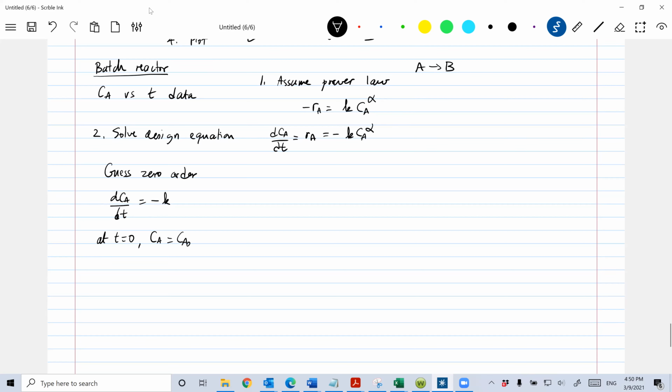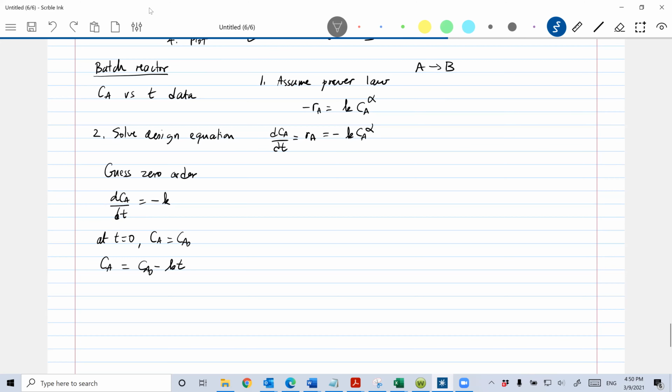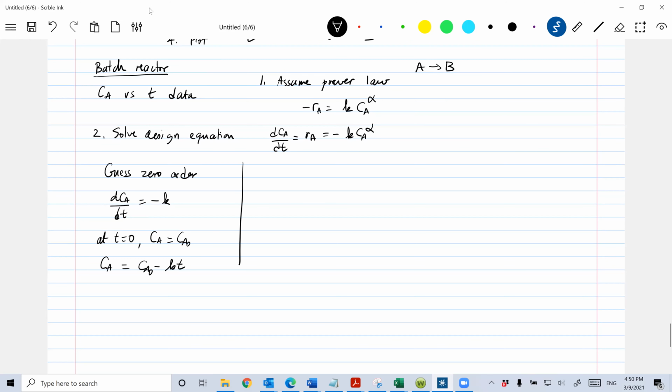So if you integrate this, you get C_A equals C_A0 minus kt. So you can plot your data and solve for k, assuming it's zero order. If it's a straight line, it fits. If it's not, you have to guess again.